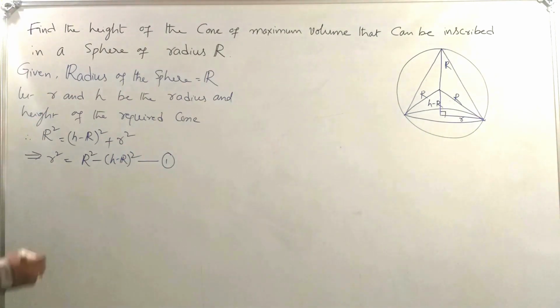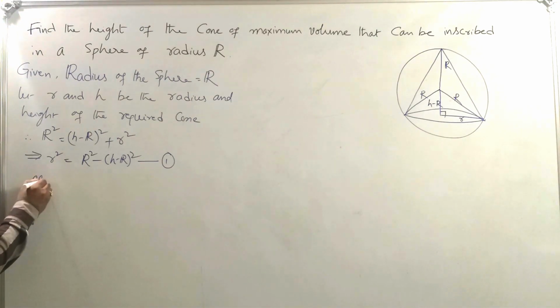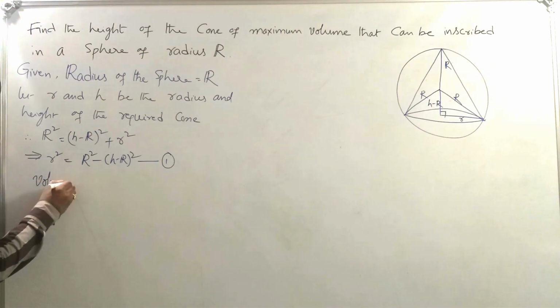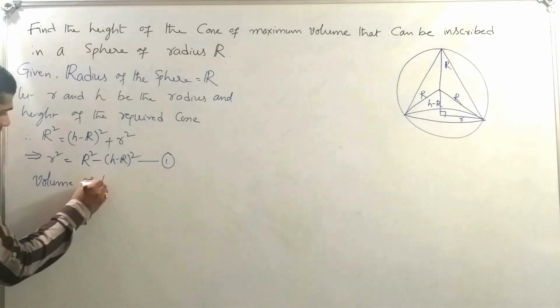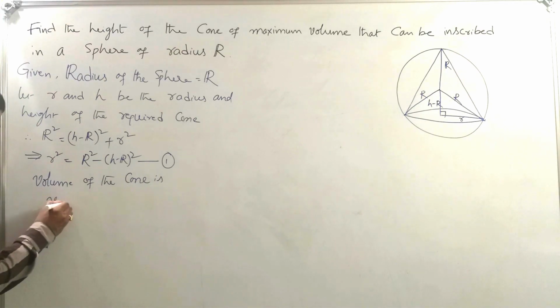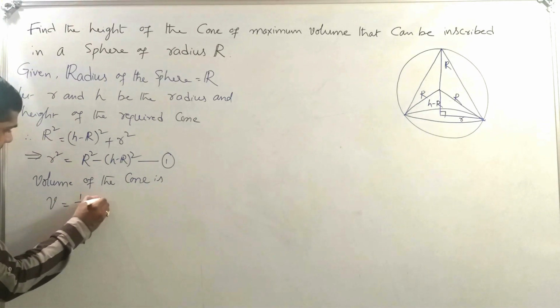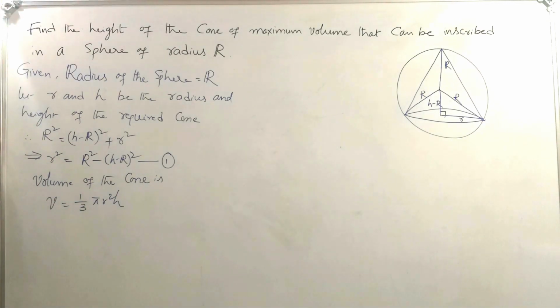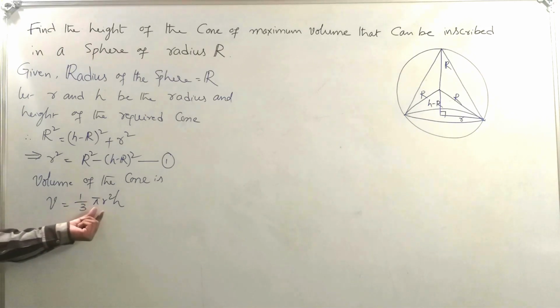Now, we know the volume of the cone formula: V is equal to 1/3 pi r square h. Here 1/3 is constant, and pi is also constant.